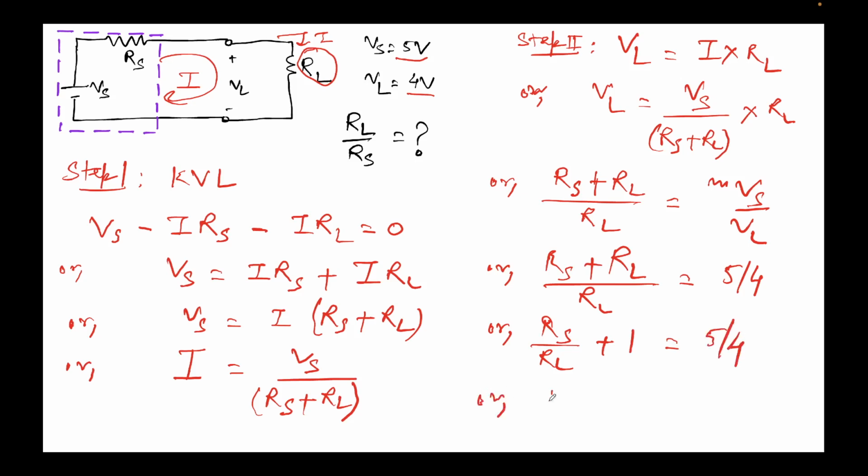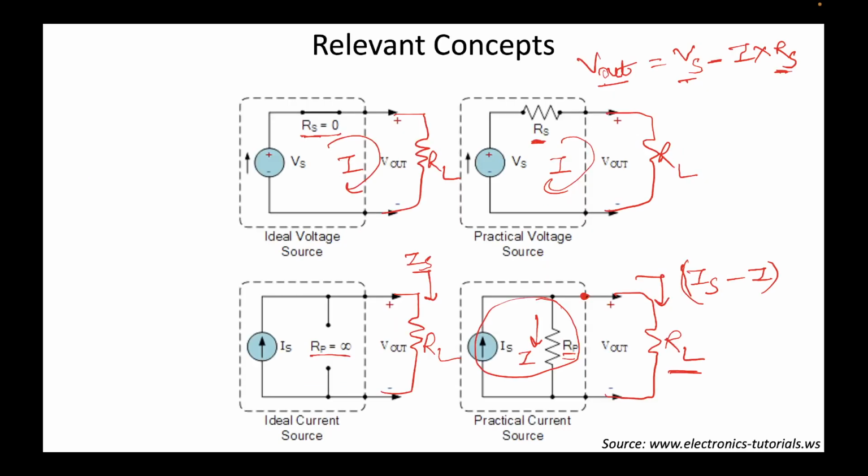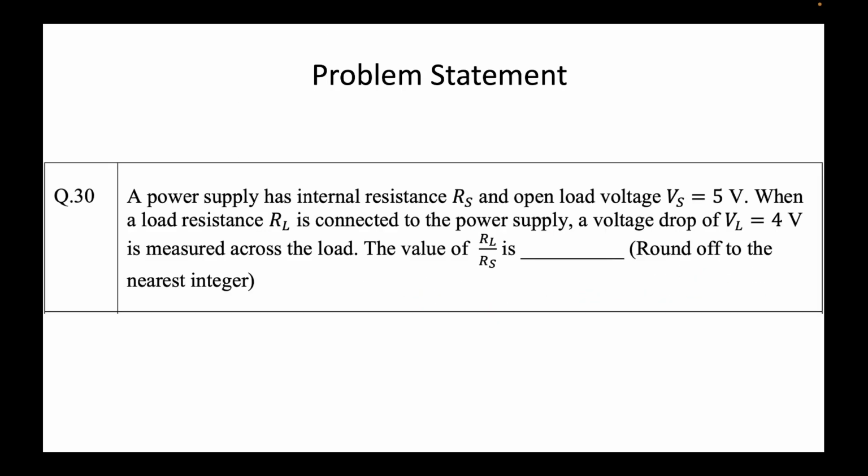Or we can obtain the value of Rs over RL as 5 by 4 minus 1, which is equal to 1 by 4. Now, we were required to find the value of RL over Rs, but we have found the value of Rs over RL. We can simply invert the result and arrive at RL over Rs equal to 4, which is the value which we needed to find, and we can simply plug in this value in our answer here.